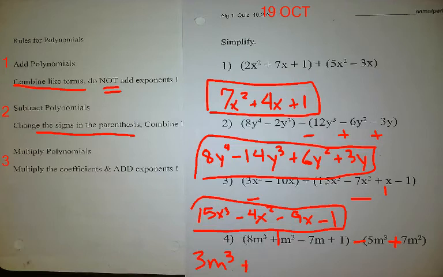So 7 plus 1, that's 8m squared. Okay? Now then, we've got 3, 2. How about m to the 1 power? There's the m to the 1. There's not any more, so that's just going to be minus 7m, and then plus 1. Yay! So we did rule number 1 and rule number 2.